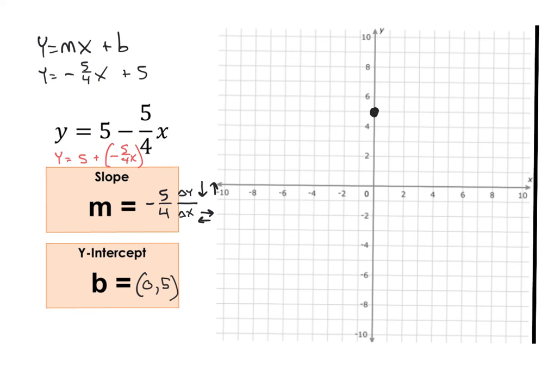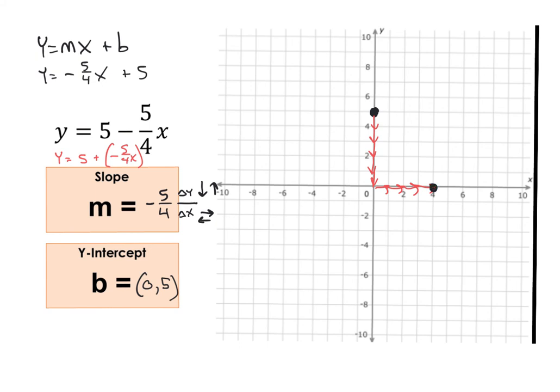And if my slope is negative 5/4, let's start with a downward motion. Let's go down 1, 2, 3, 4, 5, and let's go to the right 4. So we go 1, 2, 3, 4, and we can plant a dot right there.